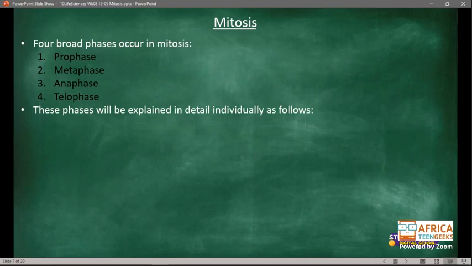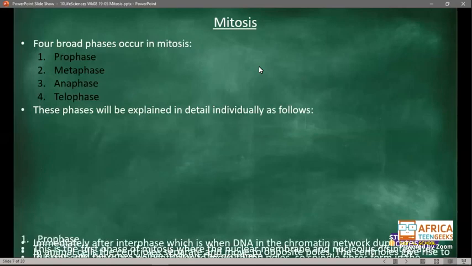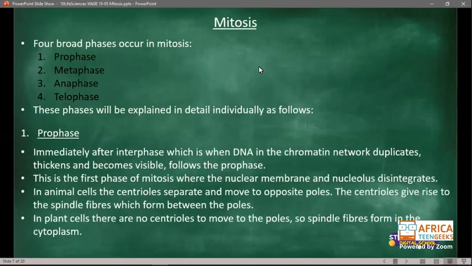Now, when does the prophase take place? So the prophase takes place immediately after interphase, immediately after the G2 phase of the interphase.